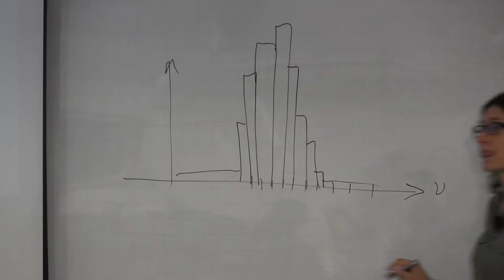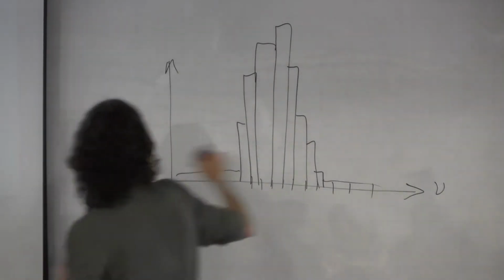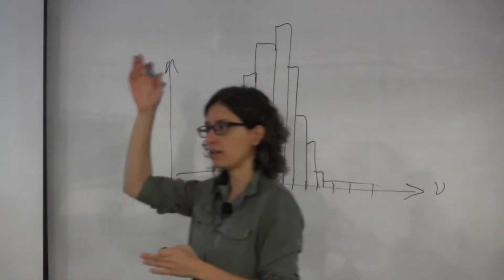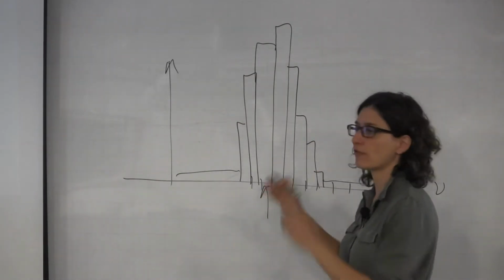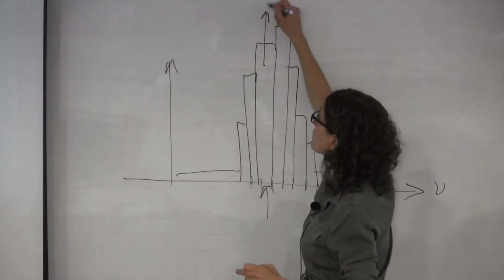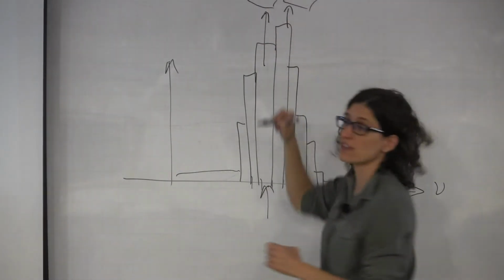For every channel, you measure the visibilities for every bin, and then you can choose to make an image for every one of these channels.